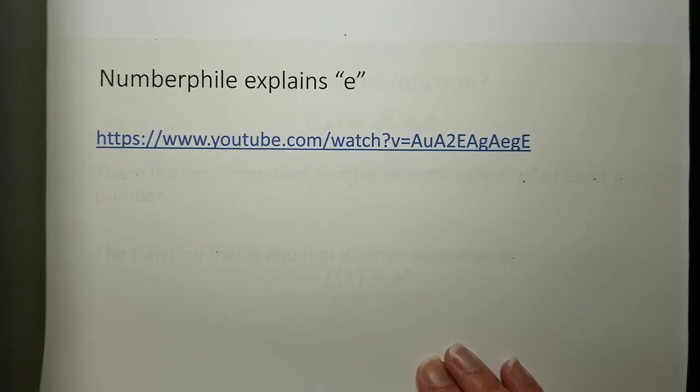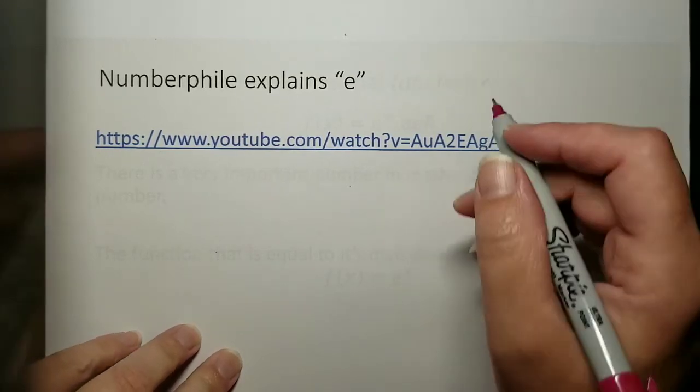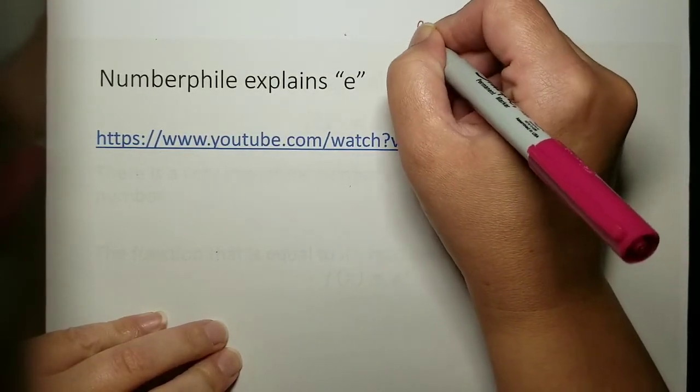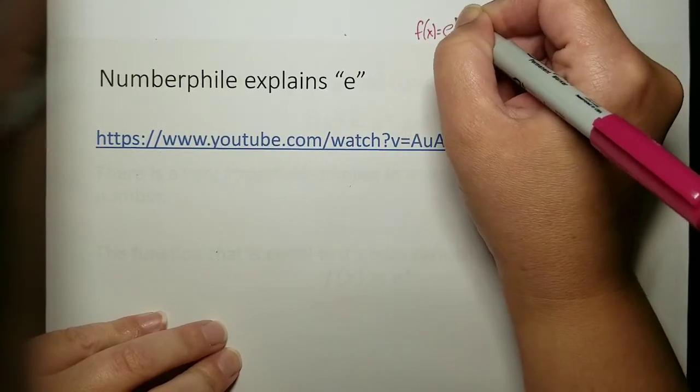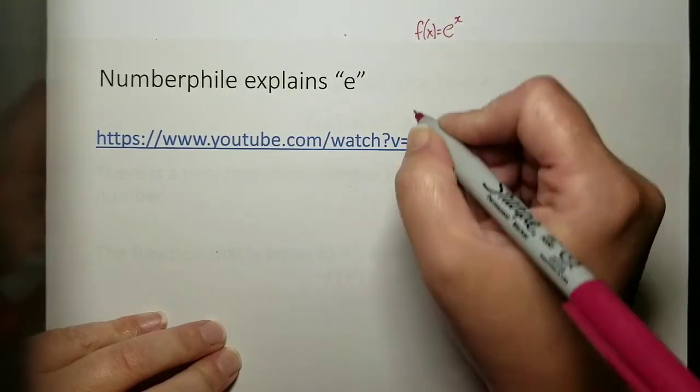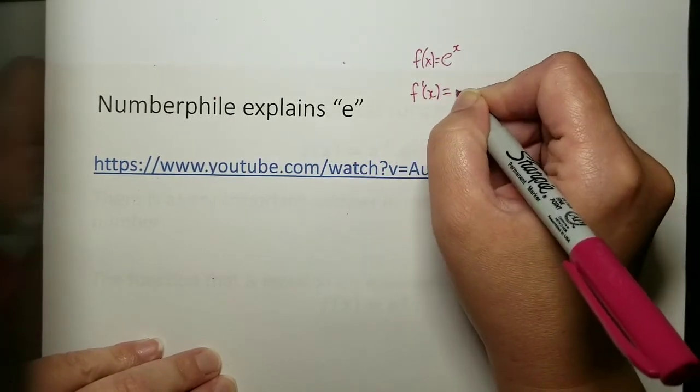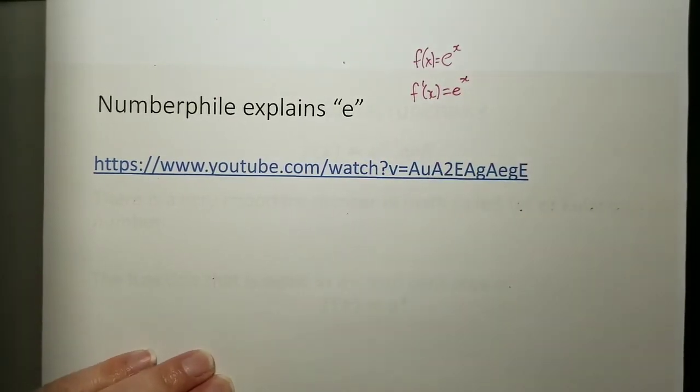And that is the function where if f at x equals e to the x, so it's an exponential function, then f prime at x equals also e to the x. So that's the one special function where the graph of the function and the graph of the derivative are exactly the same. All exponential functions are going to be similar to their derivatives, but they'll be multiplied by a scale factor.